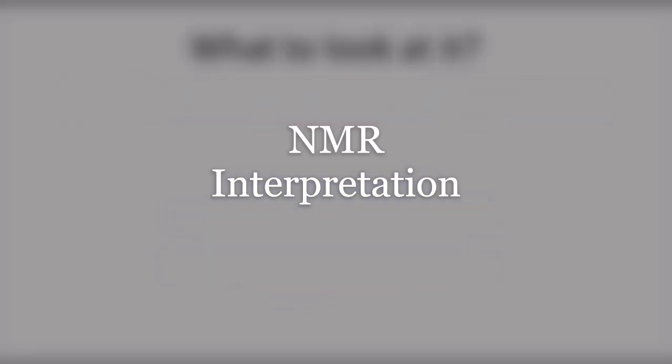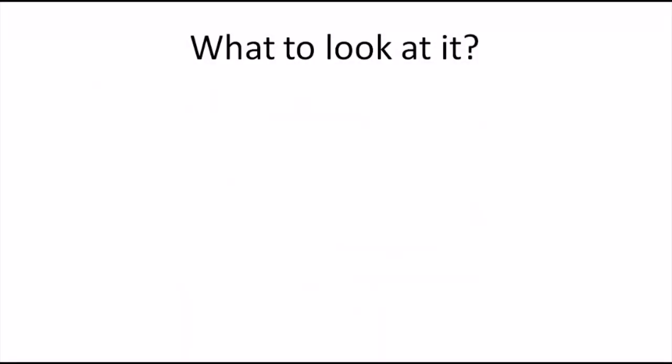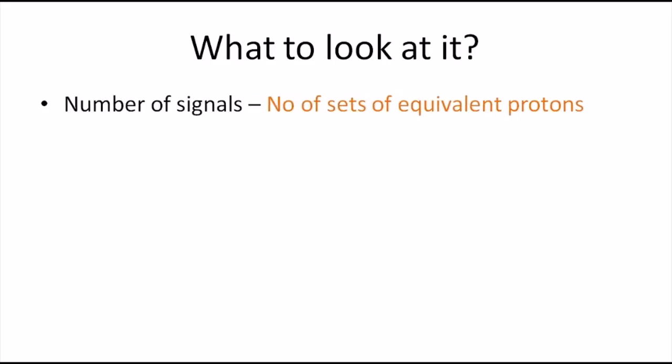We have seen the NMR spectra, the theory part, in the previous class. Now, what to look at? As far as structural elucidation is considered, what are the things you have to note in the NMR spectra? First, you have to note how many signals are there.